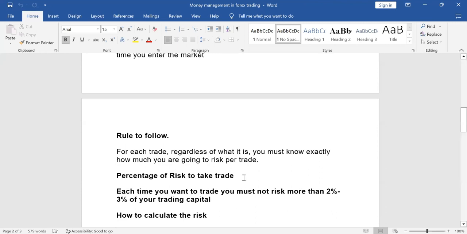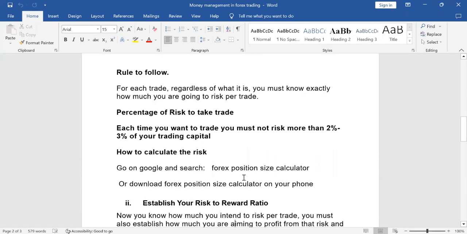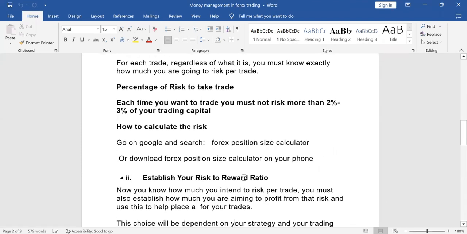When I did my course, we are taught as financial traders that we should not risk more than 1% of our trading accounts.